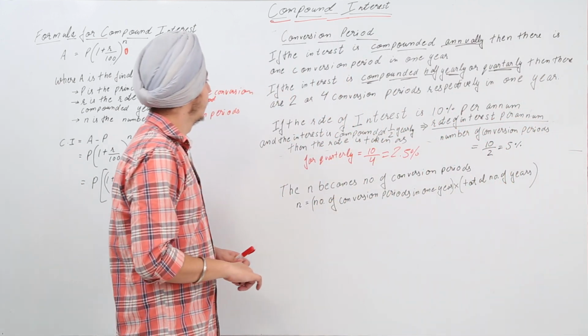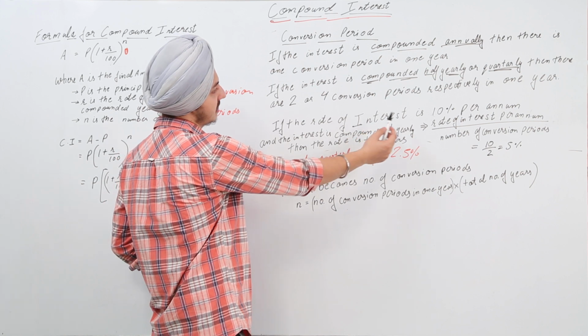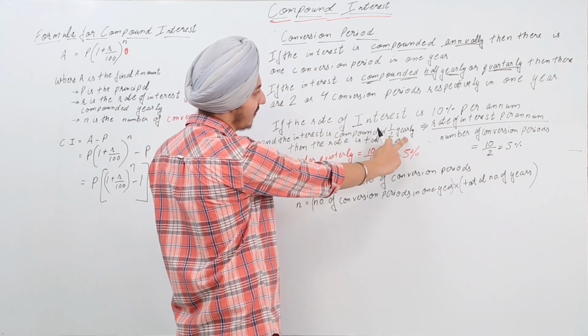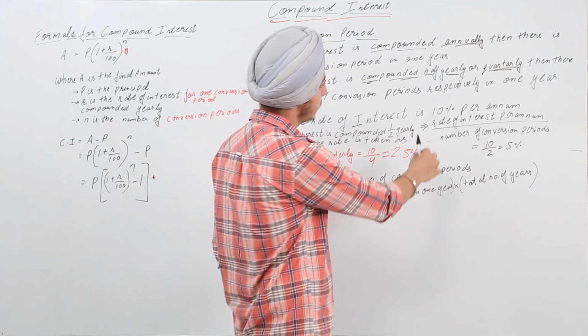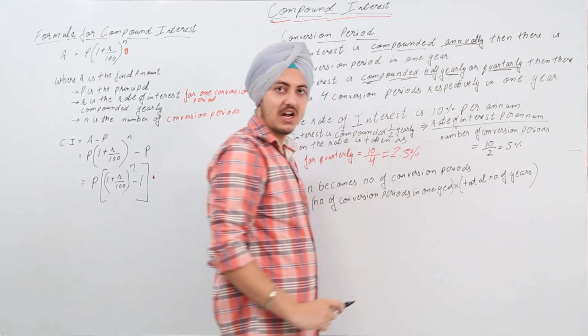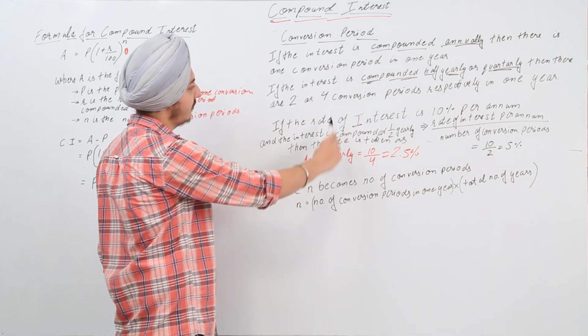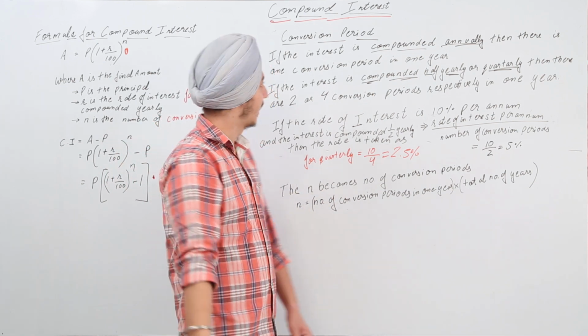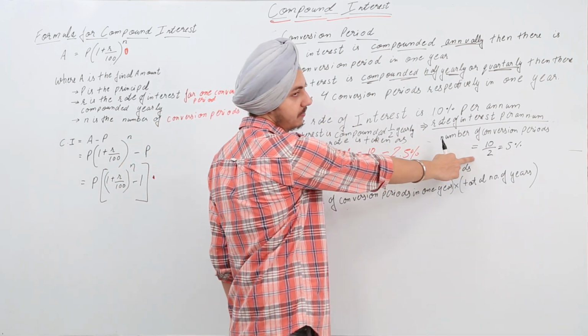If the rate of interest is 10% per annum and the interest is compounded half yearly, we take the rate of interest per annum divided by the number of conversion periods. If the interest is compounded half yearly, how many conversion periods do we have? We have 2 conversion periods.